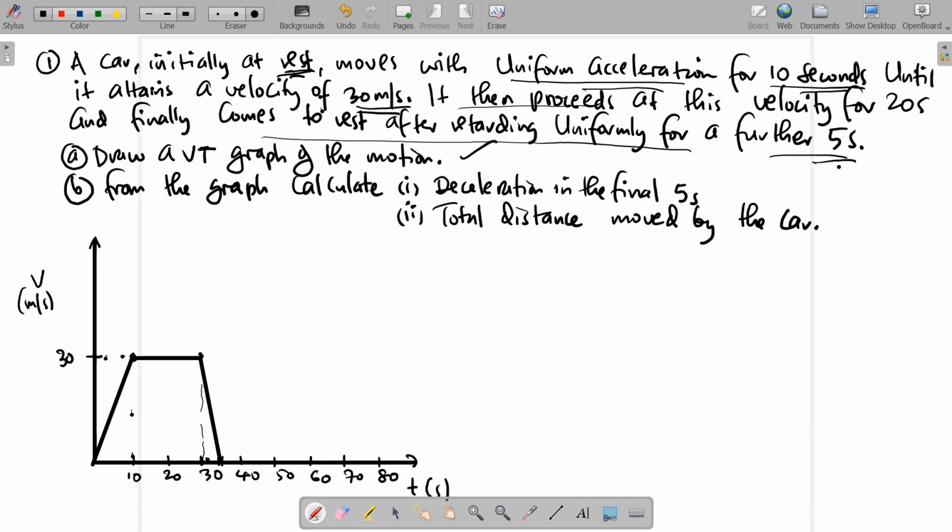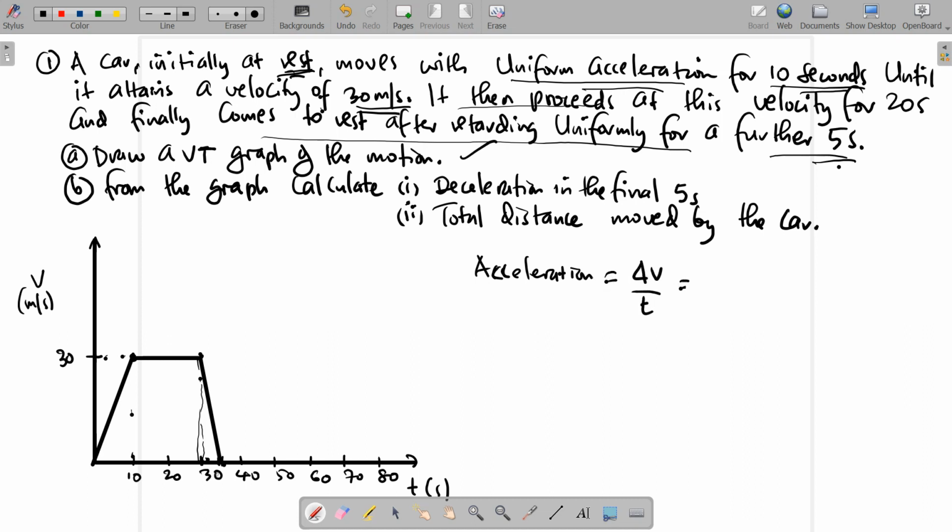Part B now is saying from the graph calculate deceleration in the final 5 seconds. So in the final 5 seconds, we're talking about this area right here. So they want us to calculate the deceleration. You remember, deceleration is simply negative acceleration. So acceleration is equal to change in velocity over time.